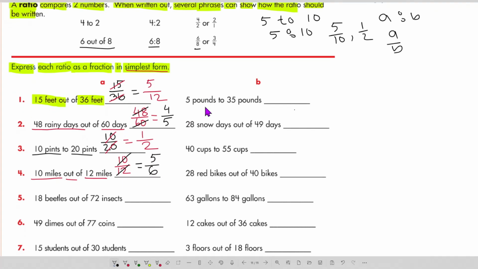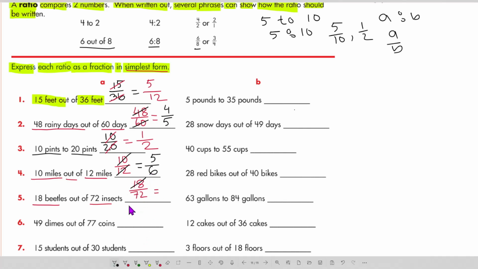Right? Next, here is 18 beetles out of 72 insects. So this one we can write 18 by 72. This fraction can be divided by 18.